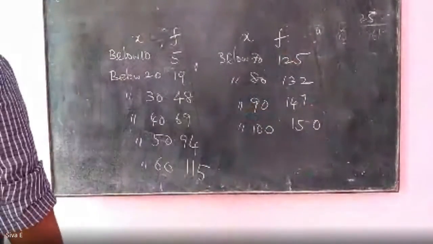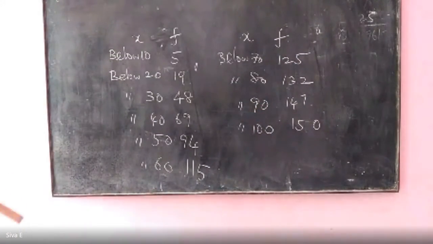So how to convert this into continuous type data?